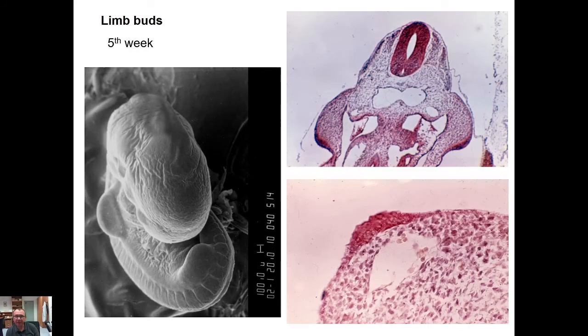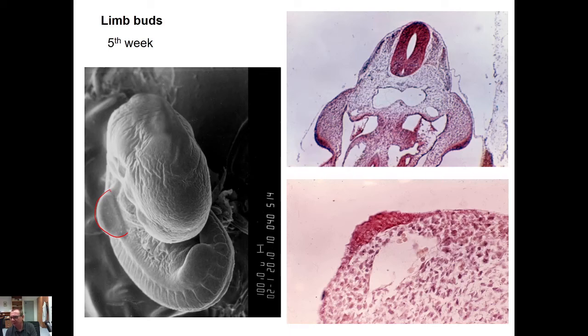And here we can see limb. It was limb ridge before, but limb ridge is quickly transforming into limb buds. And here is a nice picture of the embryo at the beginning or during the 5th week, and it has a limb bud, or here is the histological section of limb bud.